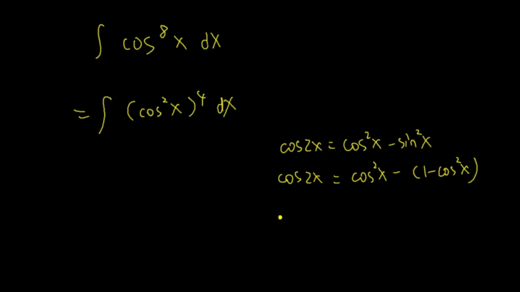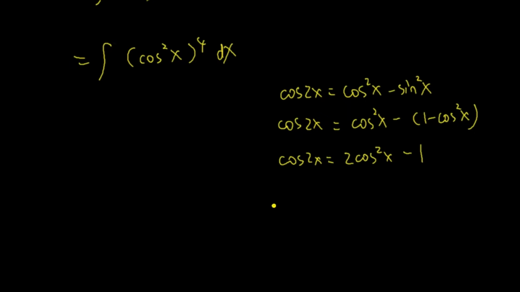Now, minus a minus is plus, so cosine 2x is equal to 2 cosine square x minus 1. Add 1 to both sides, we have 2 cosine square x is equal to cosine 2x plus 1.